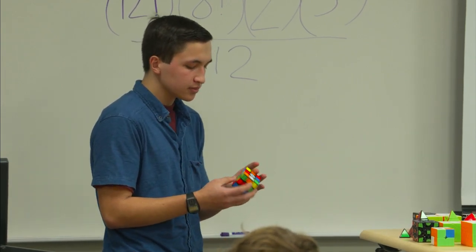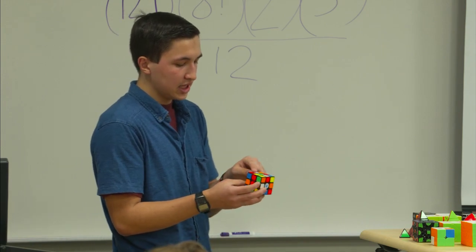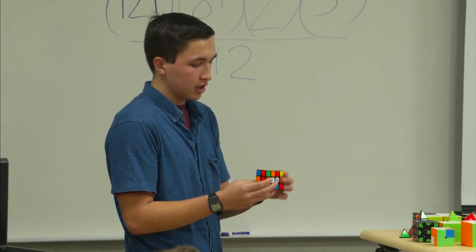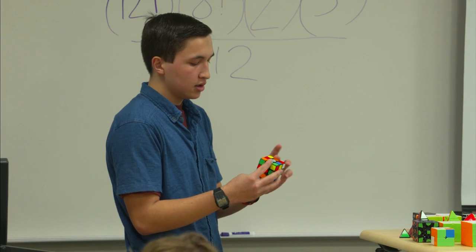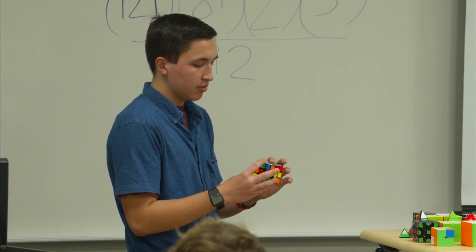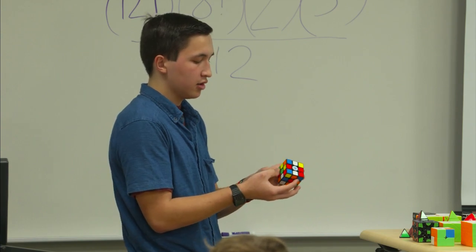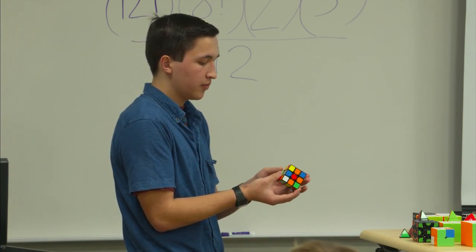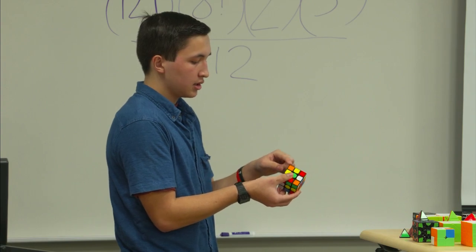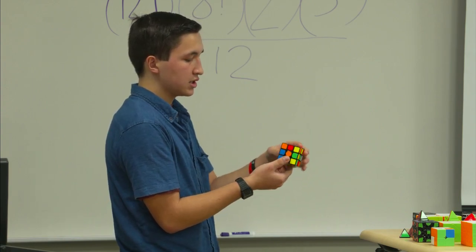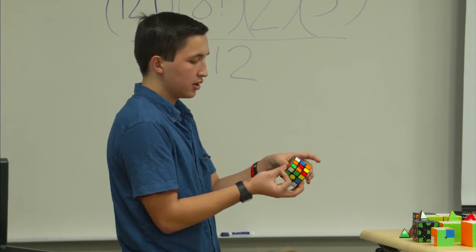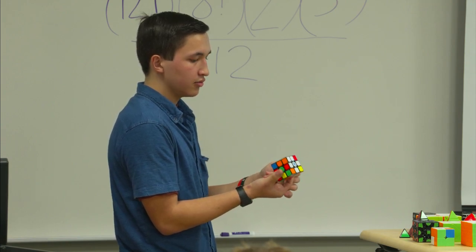So I'm looking for the edge pieces that have white on them. I see that I can put the red across from the orange, and I can also put the green to the bottom layer, which makes it easier. And then I see that I can easily put these other two in their place by just turning it this way and doing those two moves.